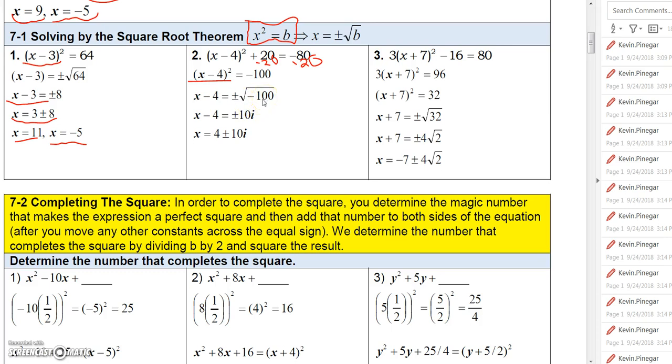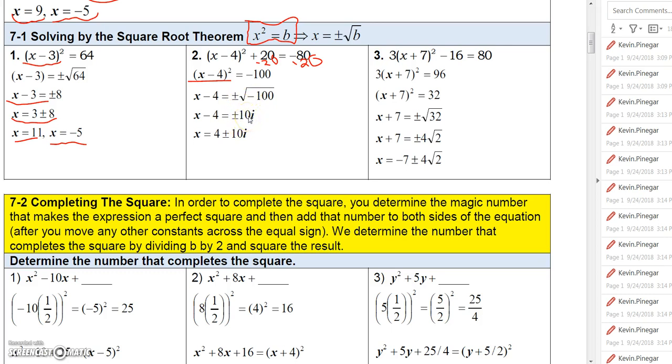Now, if your course does not talk about complex numbers, you can actually skip this one and just do 1 and 3. Some intermediate algebra courses don't cover complex numbers. But when you take the square root of negative 100, that's actually going to be plus or minus 10i.